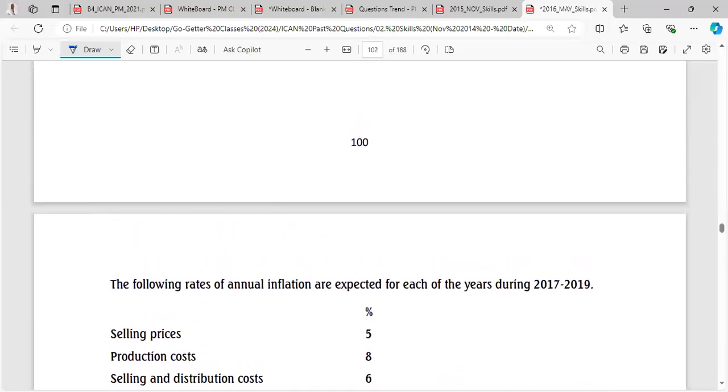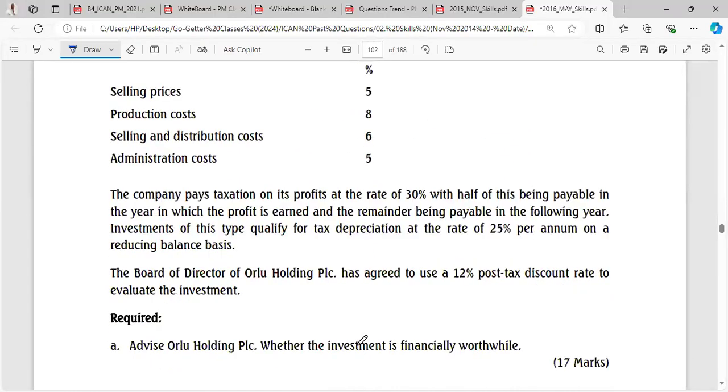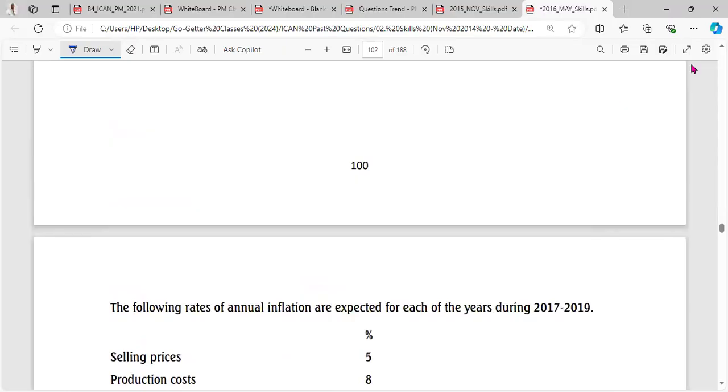Now, how do we know whether this project will be worthwhile or not? The only way we will know is to look at capital budgeting. Of course, we are not going to be looking at payback period because we didn't take any loan here.